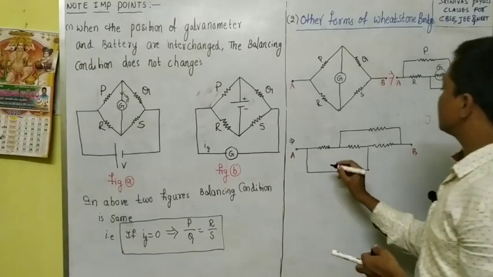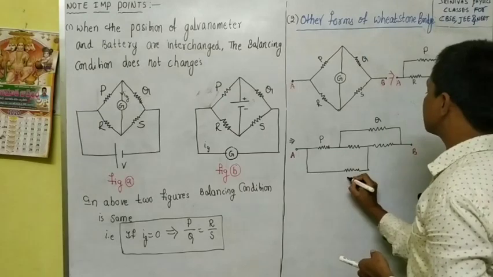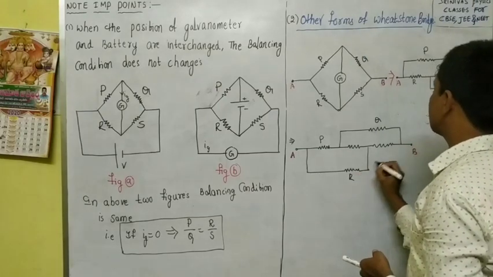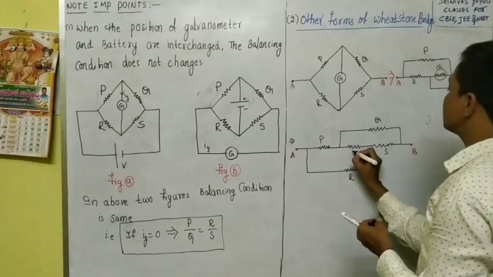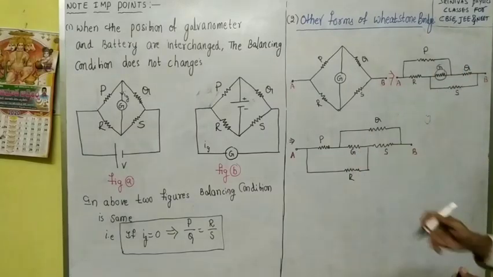This is P and this is Q. This is R and this is S and this is G. All are equal. This diagram is equal.